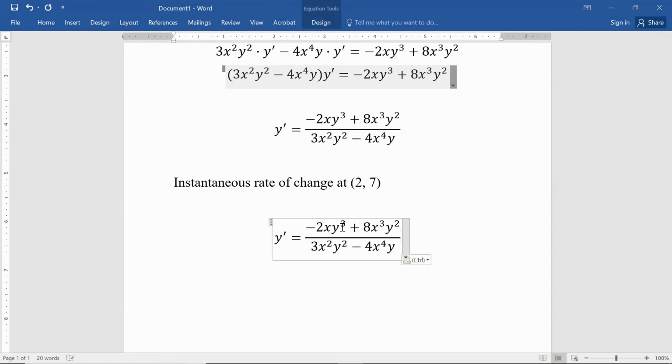So it's going to be negative 2 times 2 multiplied times 7 to the third plus 8 times 2 to the third times 7 squared. And then we plug in on the bottom a 2 every time I see an x and a 7 every time I see a y.